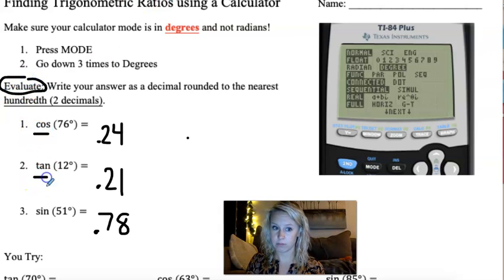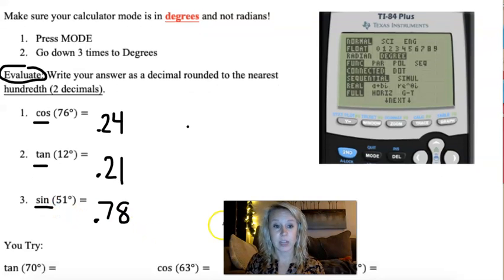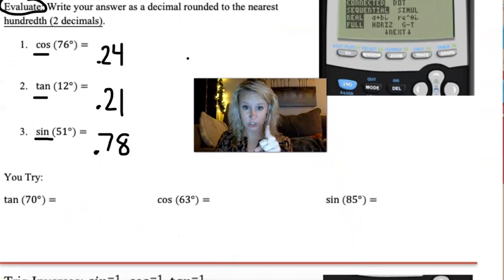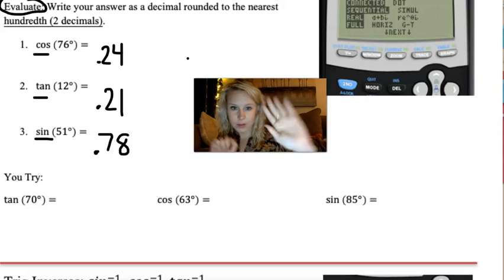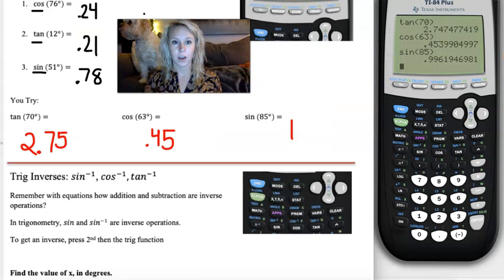Okay? So now you're going to try tan, cosine, and sine. Press pause, and you try those 3 problems, okay? Okay, so the answers: tangent of 70 was 2.45, because this 7 will round the 4 up to a 5.